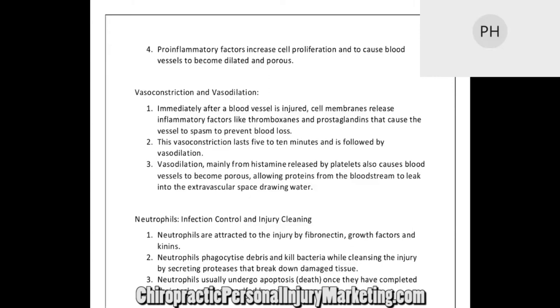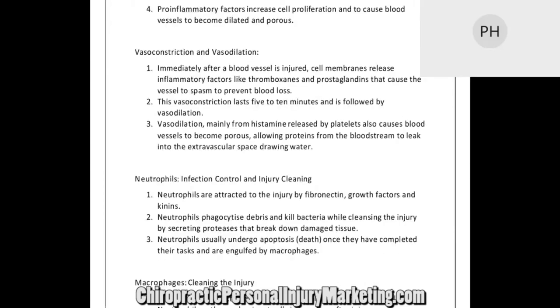Vasodilation, mainly from histamine released by platelets, also causes blood vessels to become porous, allowing proteins from the bloodstream to leak into the extravascular space, drawing water. Okay, vasodilation and histamine, big factors right here.